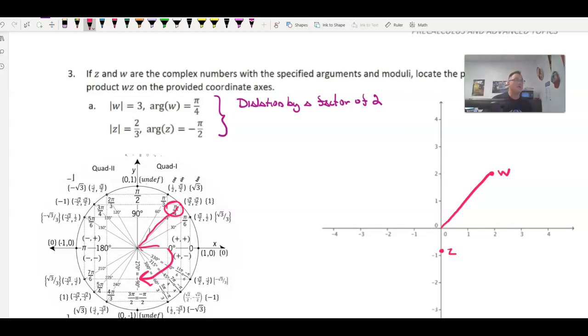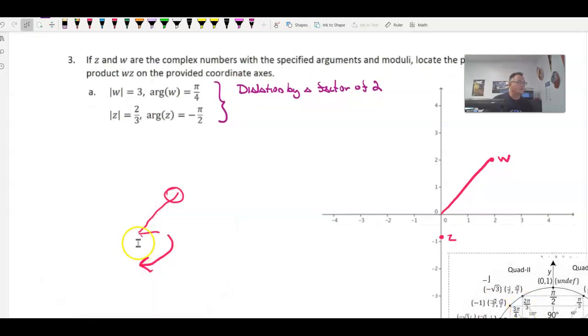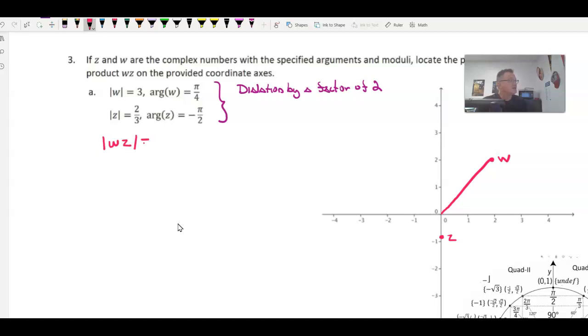All right, now you can figure out what WZ is, knowing what we know about our two properties. Okay, so we know that the modulus of WZ is going to equal the product of the modulus of W and the modulus of Z. Okay, so that's going to be 3 times 2/3, which is 6/3, which is 2.